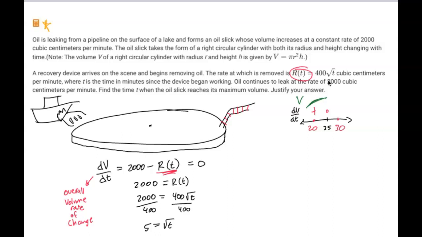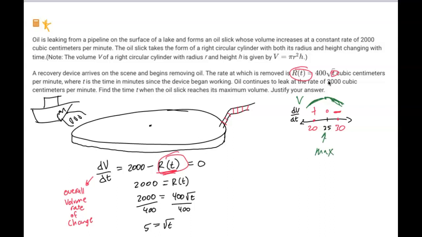And again, I'm just plugging in 30 for T in R of T. I'm going to have 2,000 minus 400 root 30. And in my calculator, that gives me negative 190. So I'm negative, which tells me that my volume after 25 is decreasing, right? So my volume at time 25 is at a maximum.